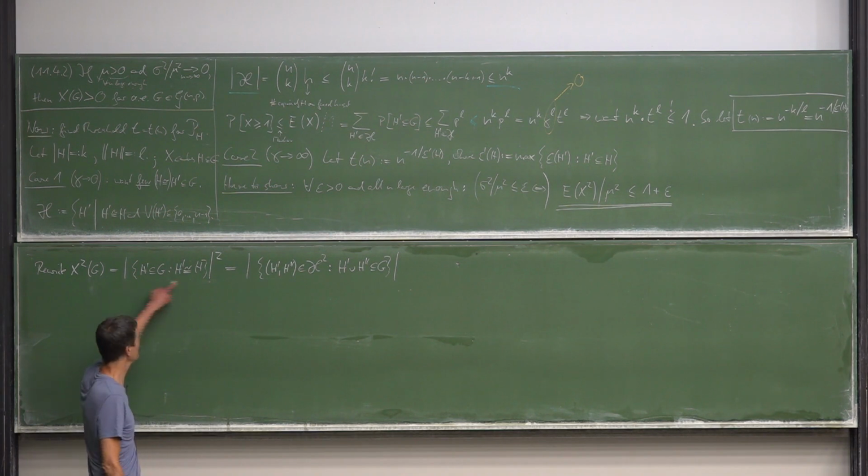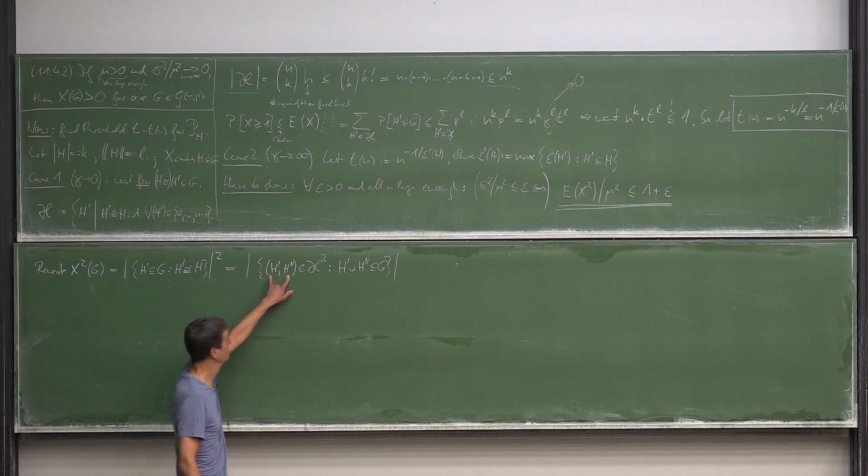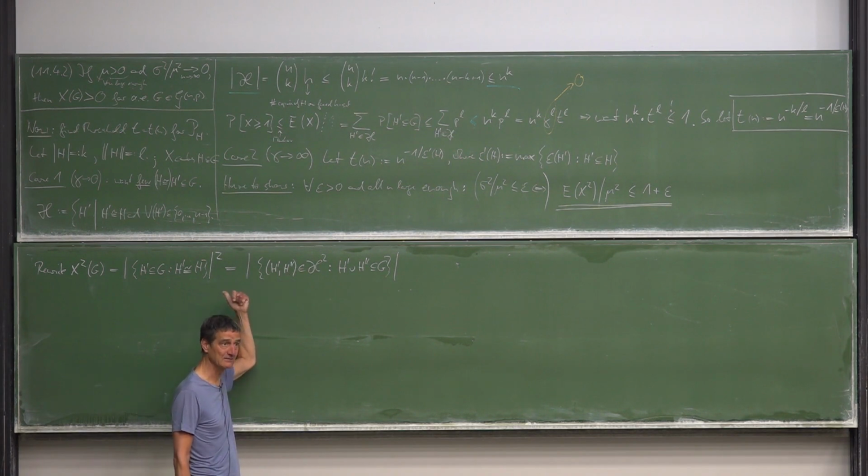We count the number of H's in G, square that number. We may as well count all the pairs where each of the items in the pair satisfies exactly that. So H prime and H double prime are allowed to be identical.